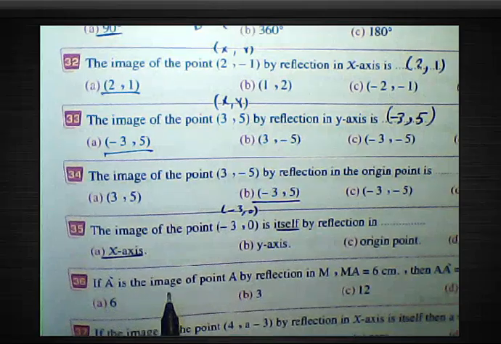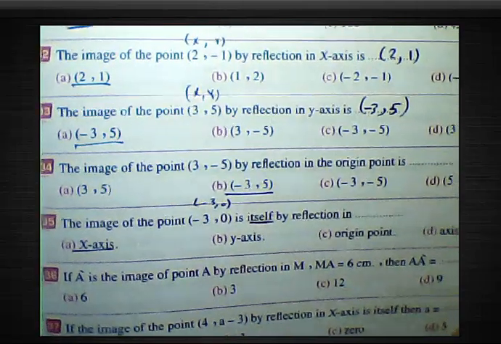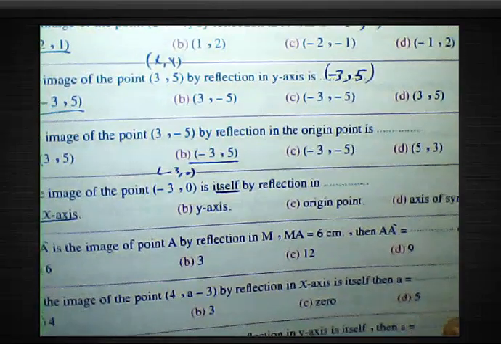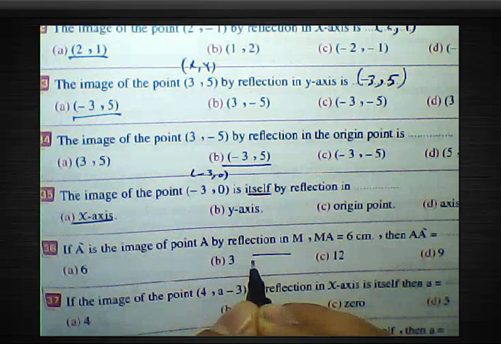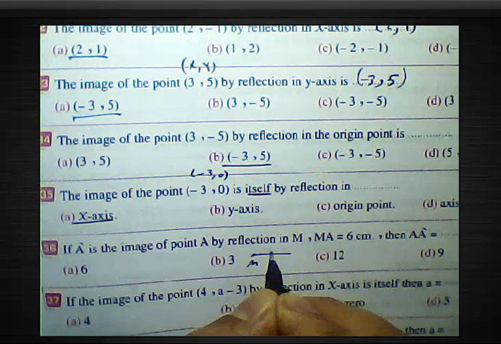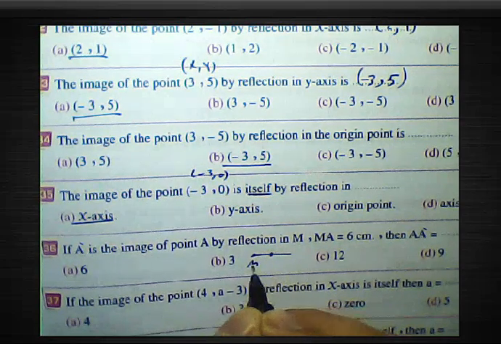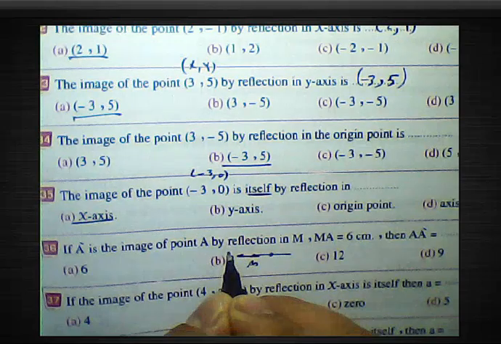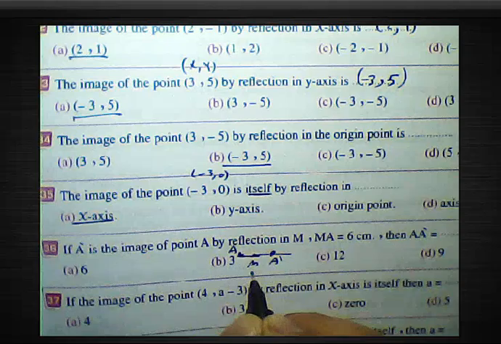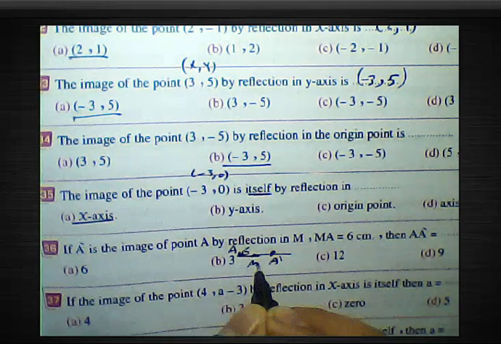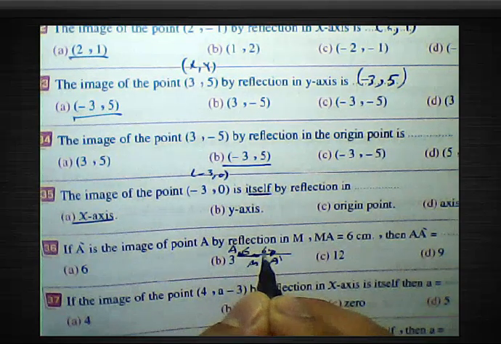If A dash is the image of the point A by reflection in M, and MA equals 6 centimeters, then AA dash equals what? We know this point M and this point A and this point A dash here. The distance between M and A equals 6 centimeters, then the distance between M and A dash equals 6 centimeters.